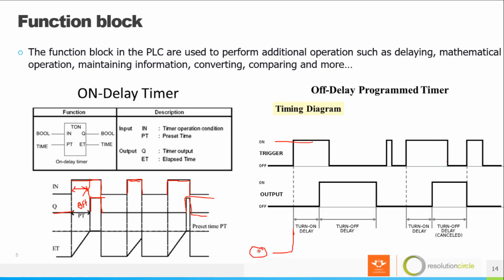This will be your output on Q. But you see on what I'm drawing, your output will remain on even if your input is now off. Okay, my graph is not accurate.